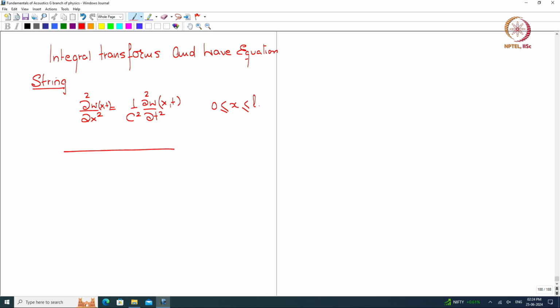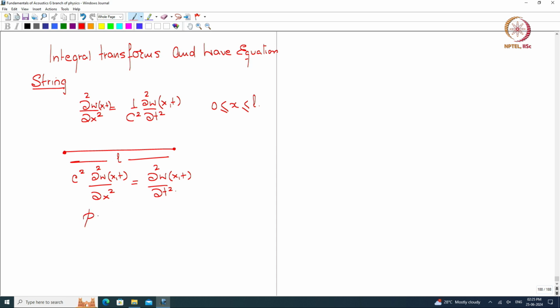We are going to consider a fixed string of length L. So we write this equation now as c square del 2 W by del x square equals del 2 W by del t square.